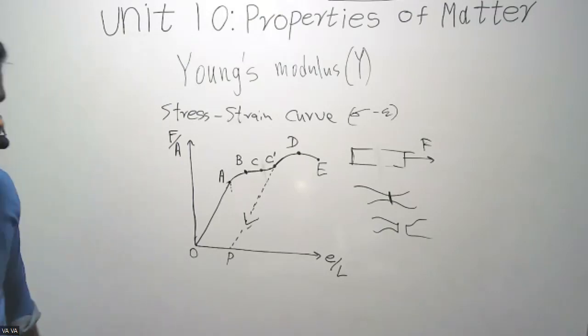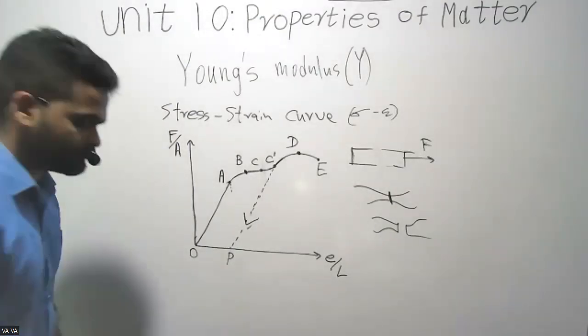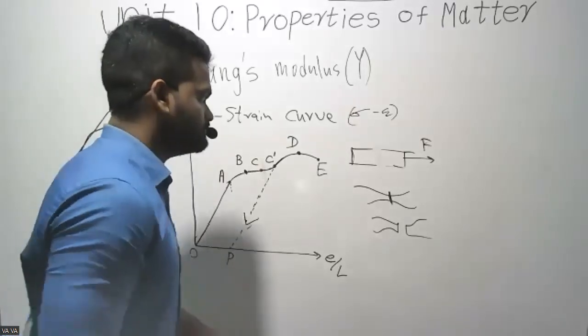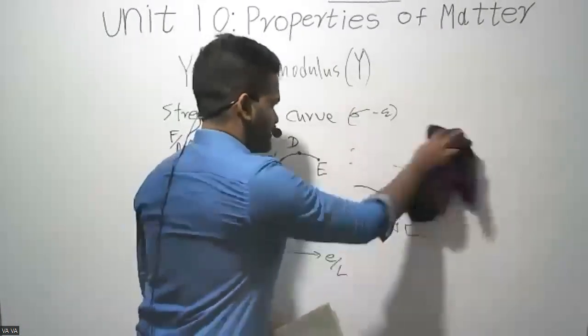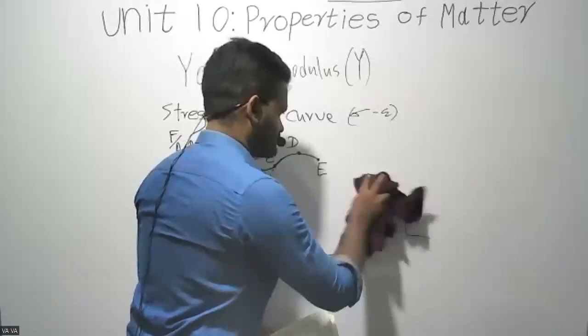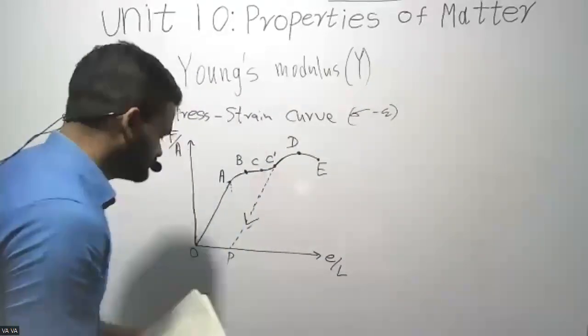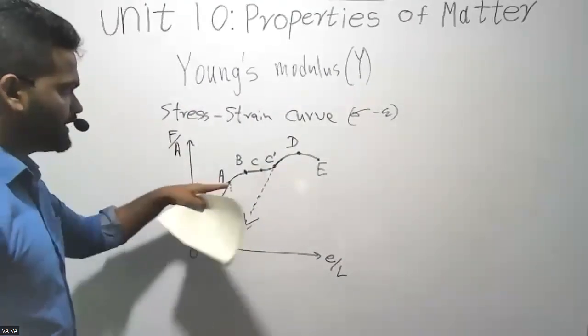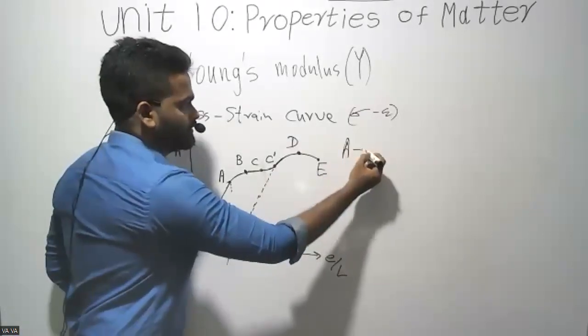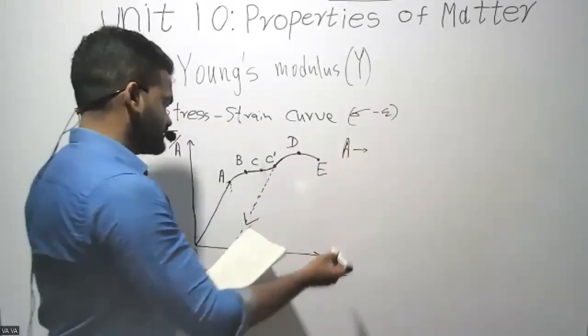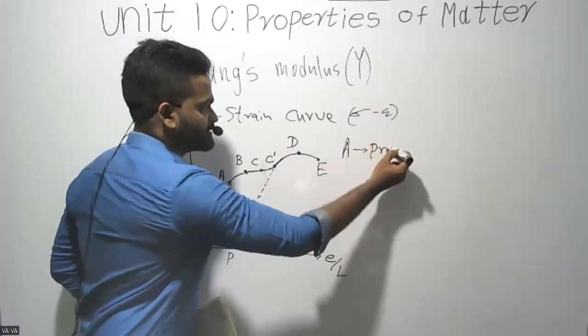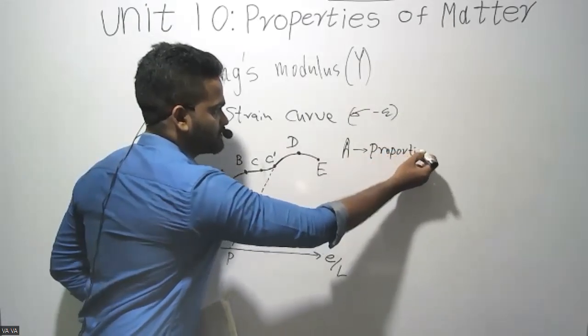I think you had drawn the graph. Then you have to name these points. So point A, name it as proportional limit. Take it down.